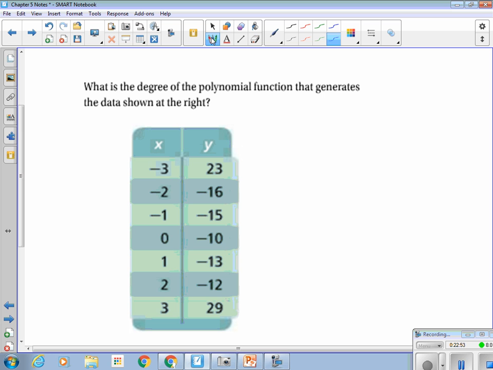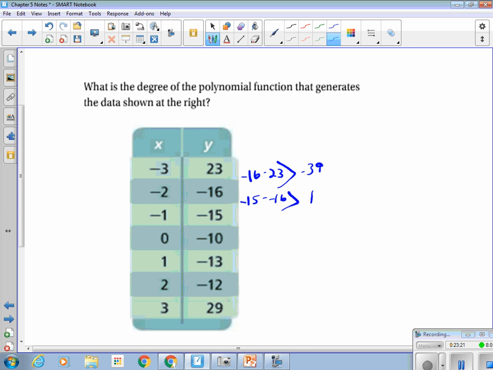So it's the next one minus the first one. So you go -16 minus 23. And the difference between the first and the second is -39. Then this one would be -15 minus -16. And the difference between the next two is 1.